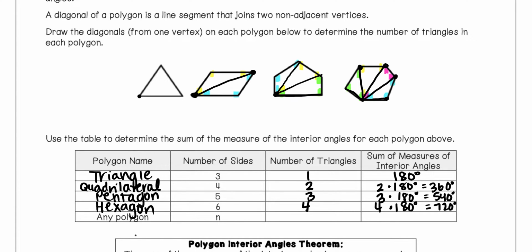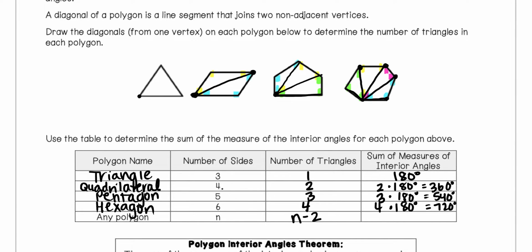If you had any size polygon with a given number of sides n, look at this pattern that we've now created. To go from 3 sides to 1 triangle, 4 sides to 2 triangles, 5 sides to 3, and 6 sides to 4, we are subtracting 2 each time. So the number of triangles that are actually inside of a polygon is represented here by n minus 2.